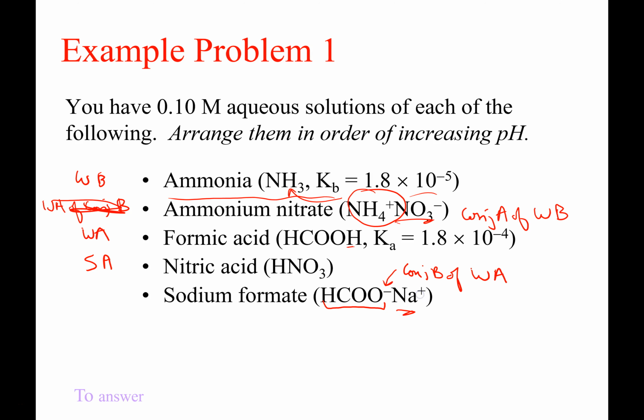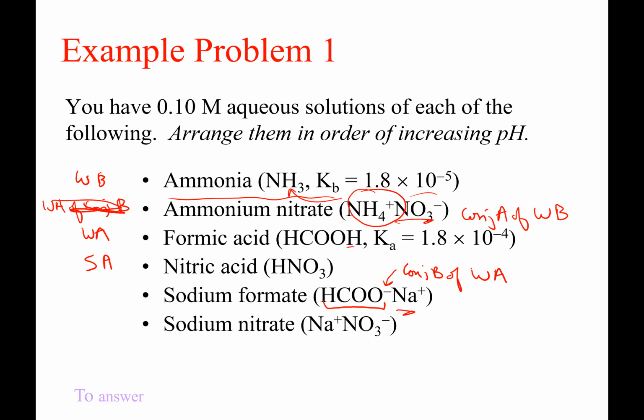Sodium, well, the only thing sodium might do would be to accept a hydroxide group, but sodium hydroxide is a strong base, so it's not going to do that. It's neutral. So Na plus is like your NO3 negative. It doesn't do anything.